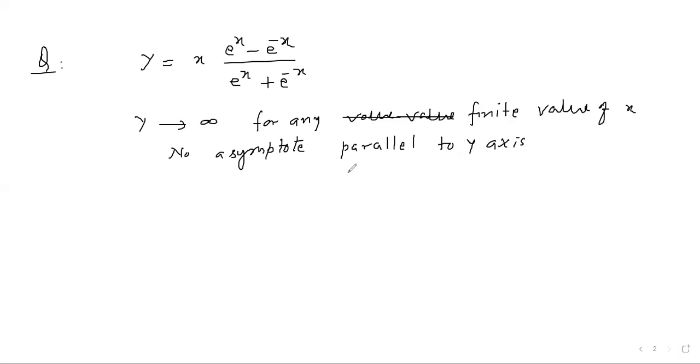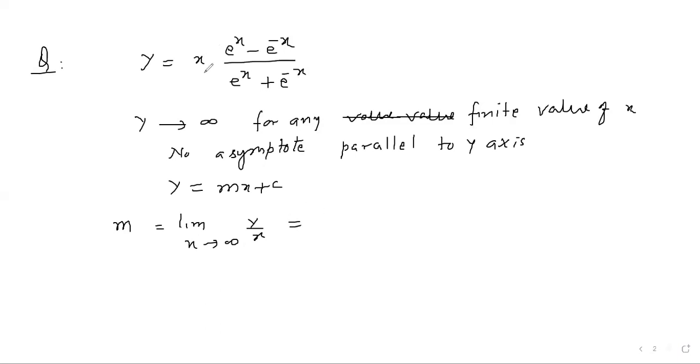Now, we have to assume that the asymptote which is not parallel to the y-axis is y equals mx plus c. It means we are assuming that there is, or there are, oblique asymptotes. So let's determine. We have already proved that m equals limit x tends to infinity y upon x.